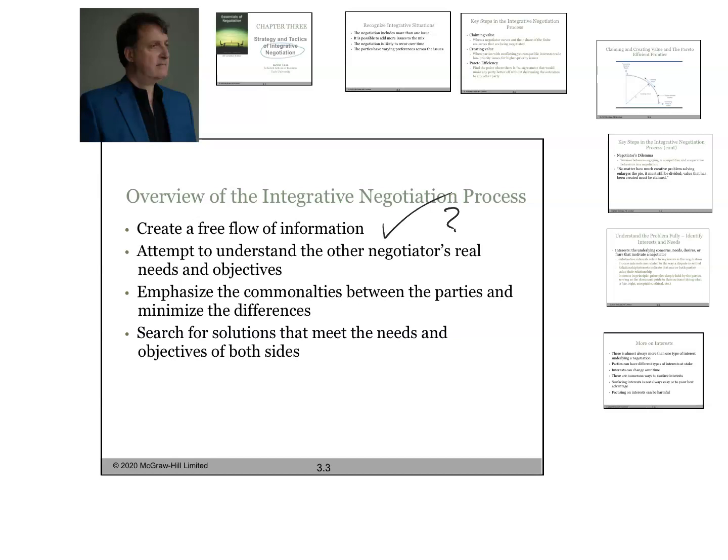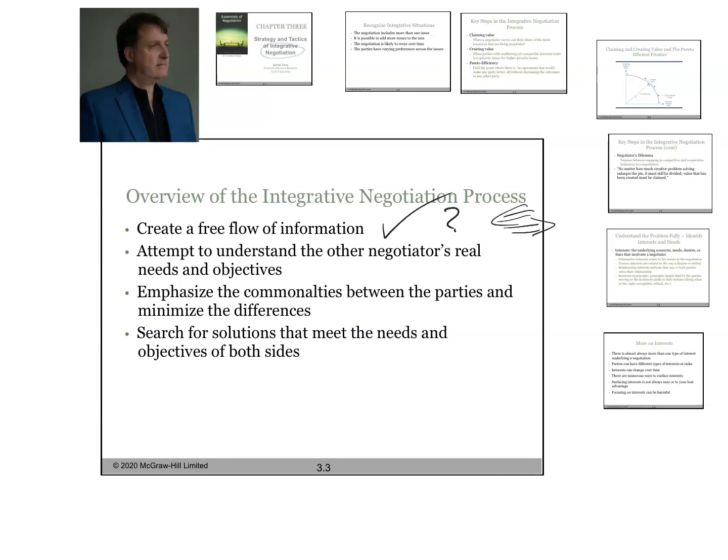Because we're trying to build more than just a transactional, momentary connection with someone. We're probably looking to build a longer-term relationship or continue a relationship along with getting the best possible deal out of it. So creating a free flow of information, that's not just us giving information, that's also getting good information from our opponent. So there's an exchange.